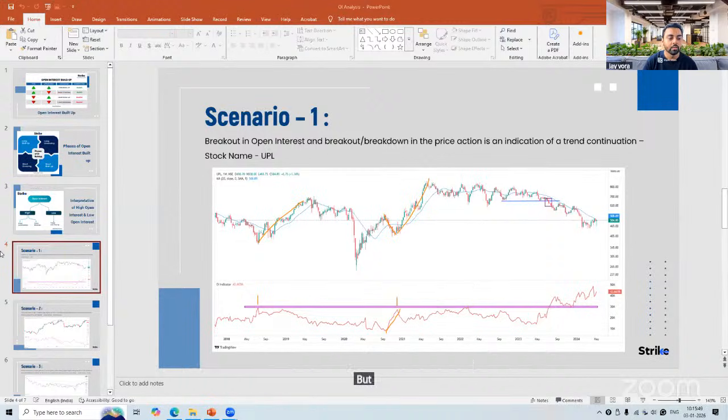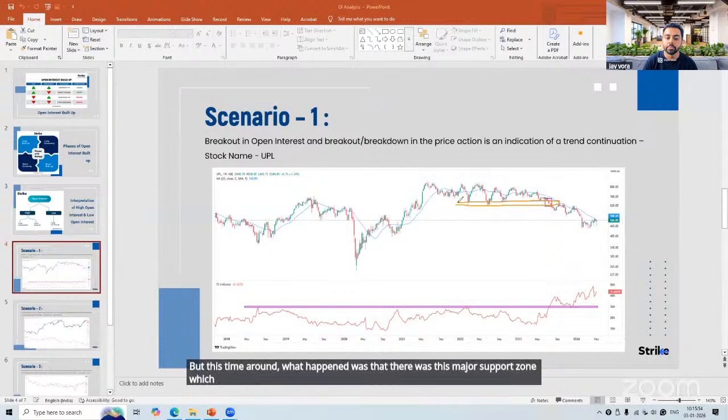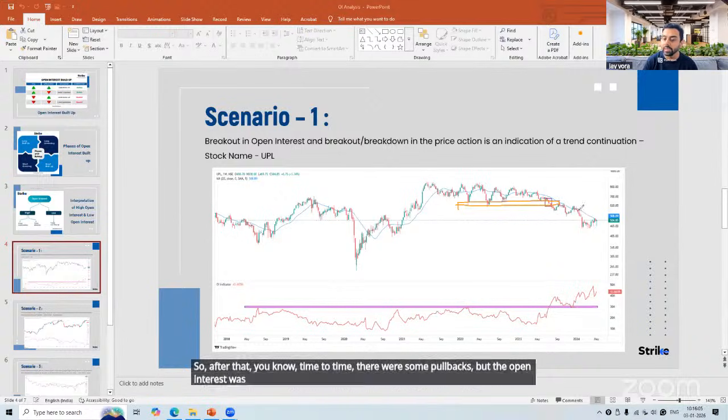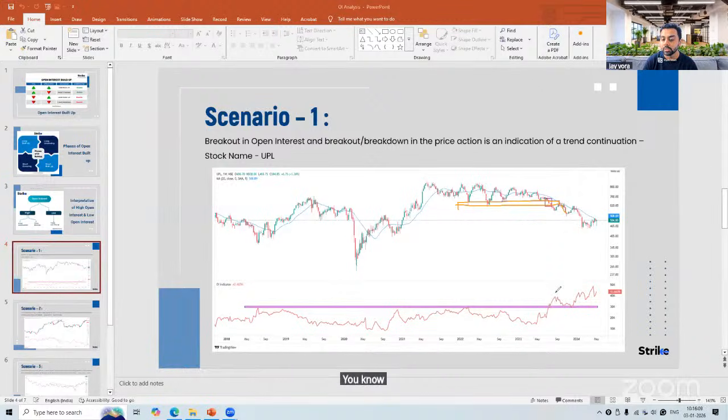But this time around, there was a major support zone that had broken on the downside, and over there open interest rose as well. After that, from time to time there were some pullbacks, but the open interest was at an elevated level, and as the decline started, the open interest used to rise again.